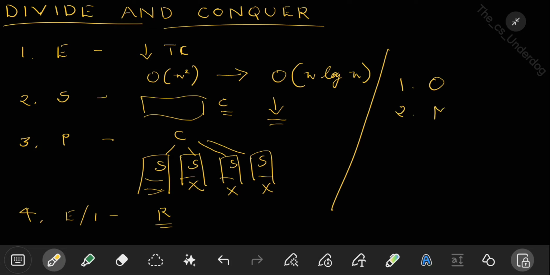If you consider memory usage, each recursive call will add an additional entry to the recursive stack, which means your memory is getting used for each of the calls that you're making. So when you're dividing it into smaller and smaller problems, you're making more and more recursive calls, and this will increase your memory usage. And the third disadvantage, this is something you have to think about.